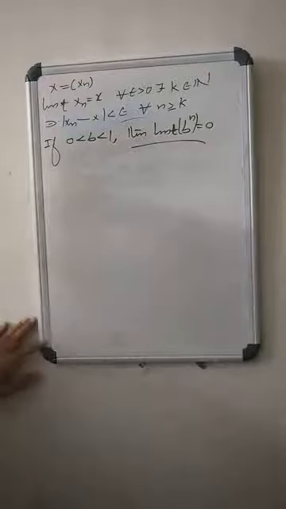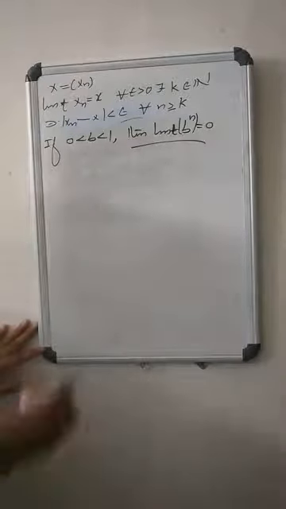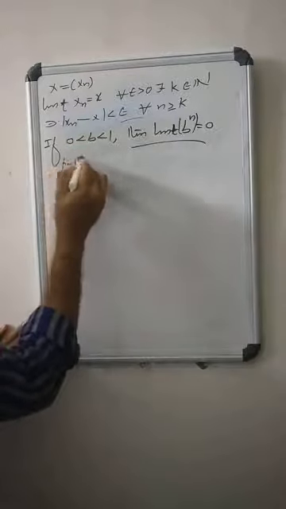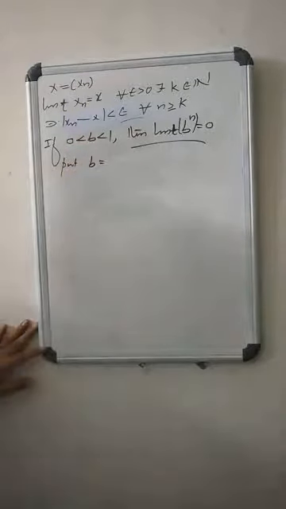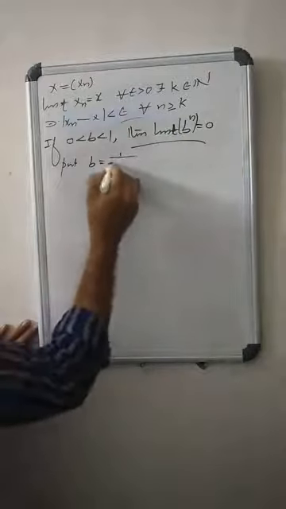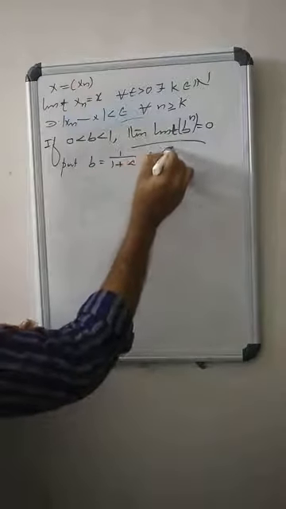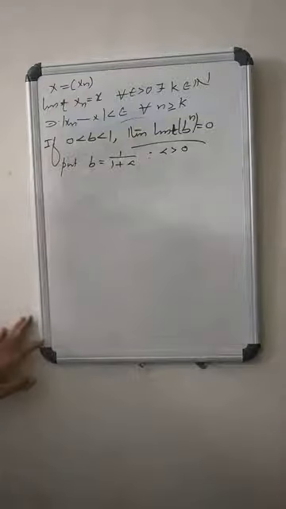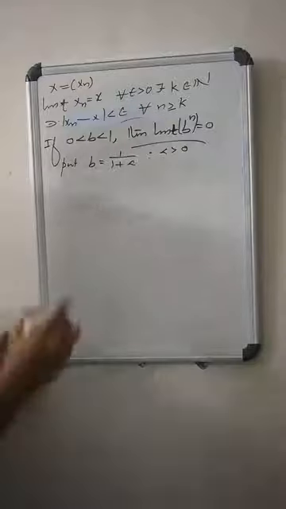How? Since b lies in between 0 and 1, we can choose b as b equals 1 by 1 plus a, where a should be positive.